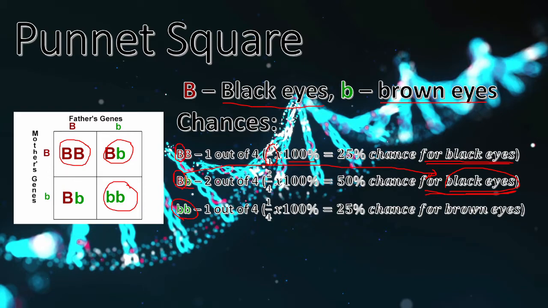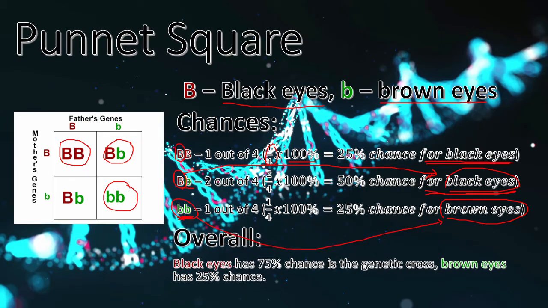Recessive alleles will only come out if both of them are present. These small letters represent brown eyes, so the outcome would be brown eyes. To have brown eyes, you're supposed to have recessive alleles, both small letters.